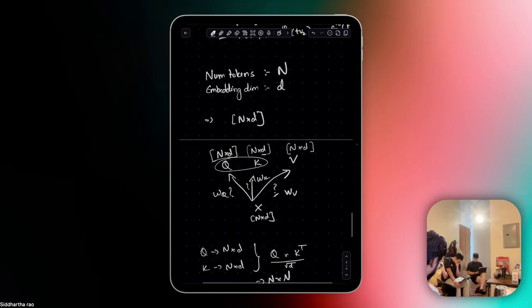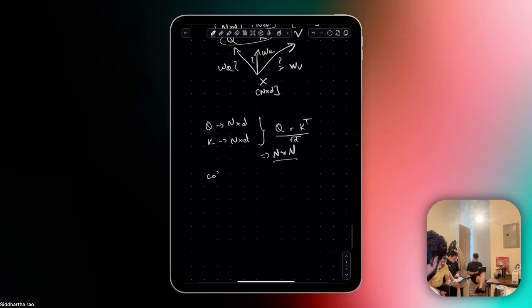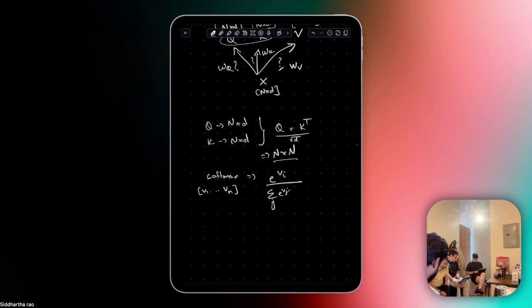Okay. So then you do a softmax operation. A softmax operation is a normalization operation. It has its own characteristics, but basically if you have a vector v1 to vn, then each element becomes e to the power vi divided by the summation of e to the power vj over all j, and that is the vector.